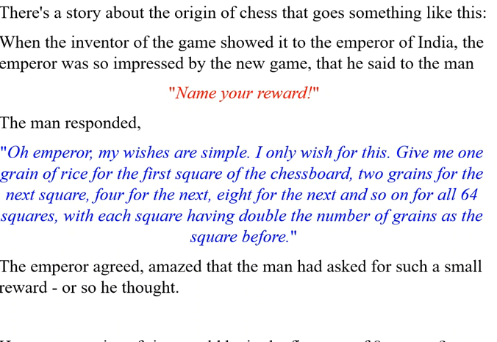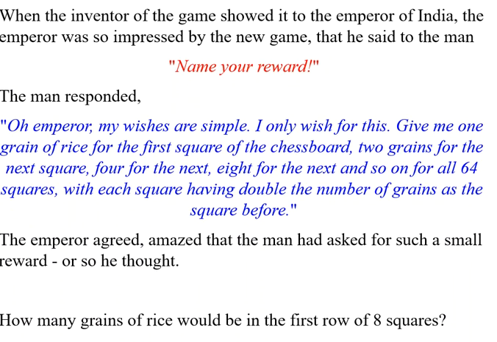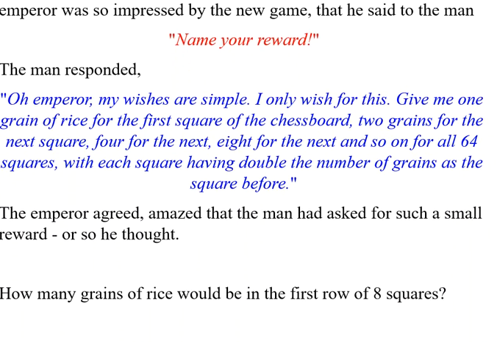Okay, so we all see how this is going to be a geometric sum, because it's doubling each time, and you're going to be adding it up to find the total amount of rice that he asked for. So the first question is, how many grains of rice would be in the first row of 8 squares?